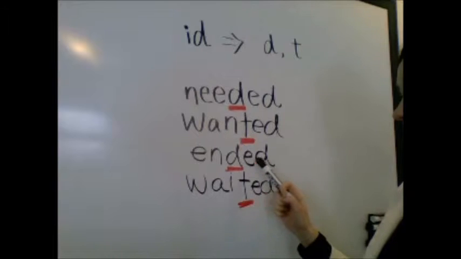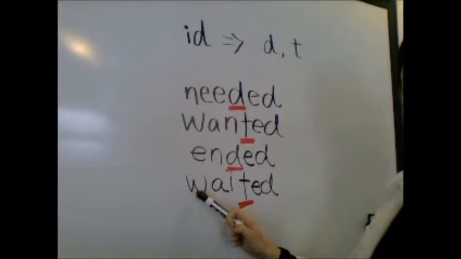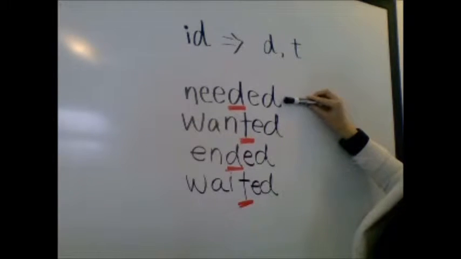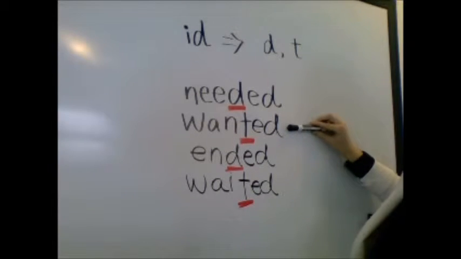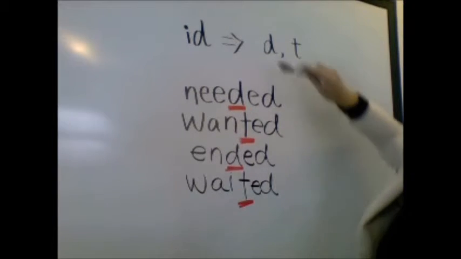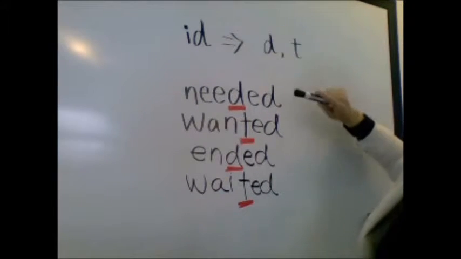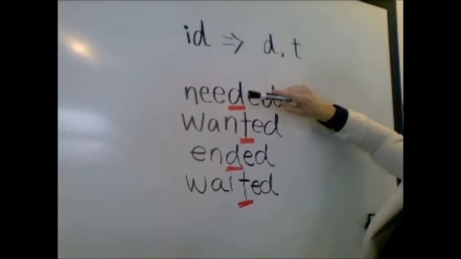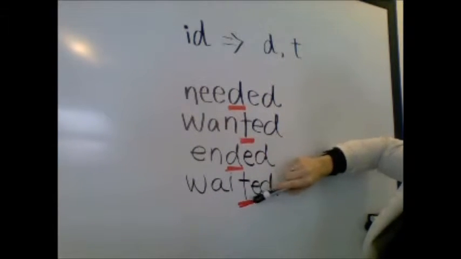End, ended. And wait, waited. Needed, wanted, ended, waited. Can you hear the id? So it depends on the final letter that you will have in your verb. D, T, D, T.